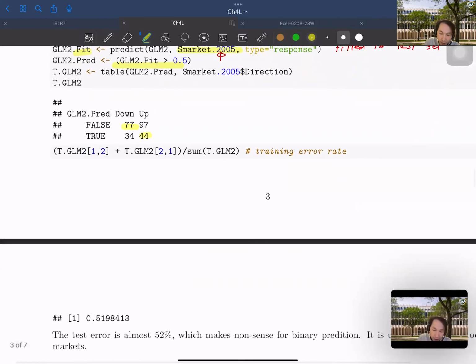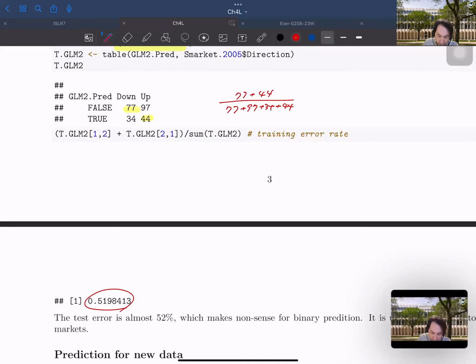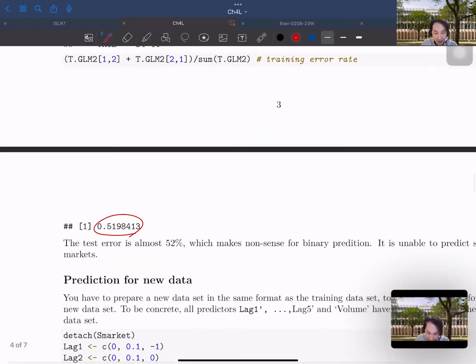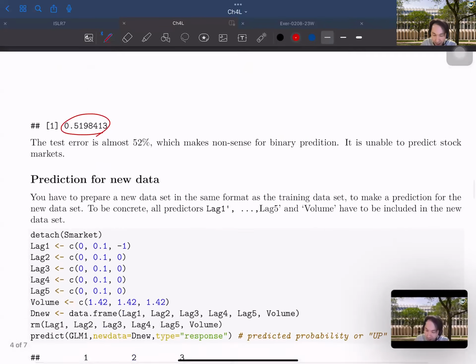And actually, this is correct for 77 plus 44 observations out of all observations. And the error rate is actually 52%. So the correct rate is 48%. That is useless, right? More than 50% incorrect, even worse than a random rule.